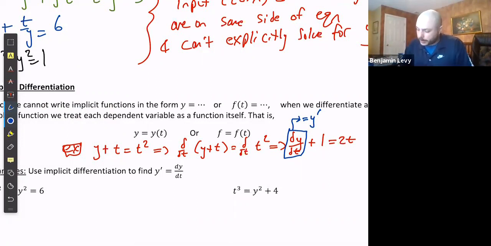But the other two things were just power rules on t's, because we were doing d over dt. That's the general idea. When we differentiate the independent variable, we just use the rules. When we differentiate the dependent variable, we need to use this implicit differentiation idea.